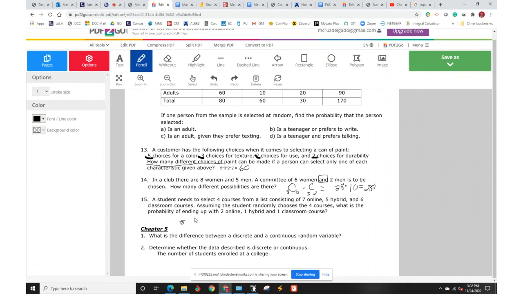So probably a way to do it with the combinations. I don't know, for some reason not coming in right now. I'll just do it like this. So 2 online. So that's 7 out of 18 online. And then for the second one, it's 16 out of 17 for the online, because you got to have 2, so it subtracts those 2 on each time. 5 hybrid.